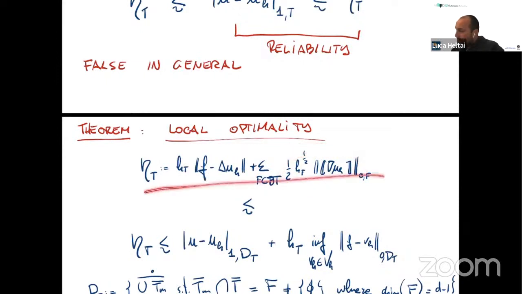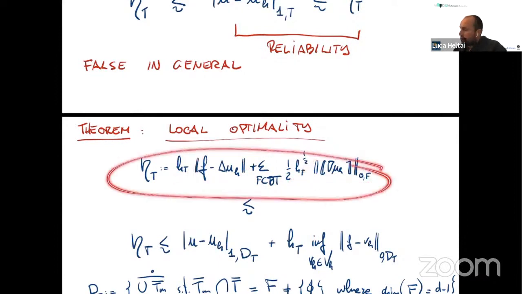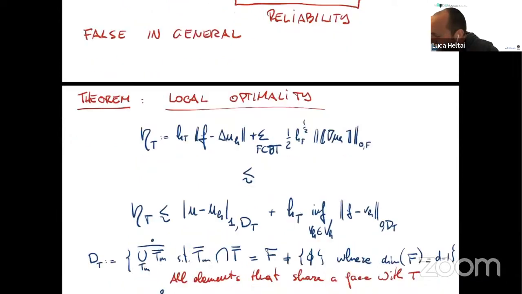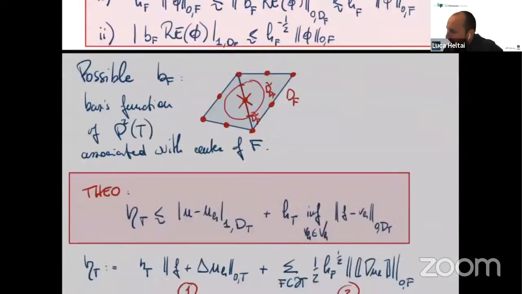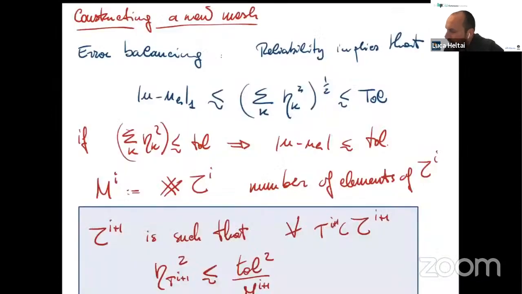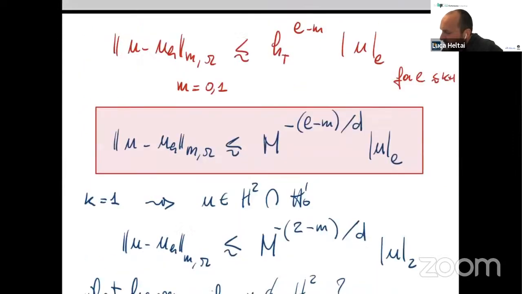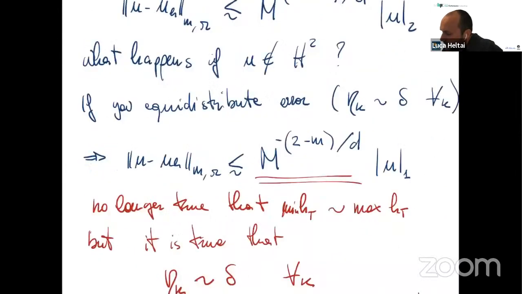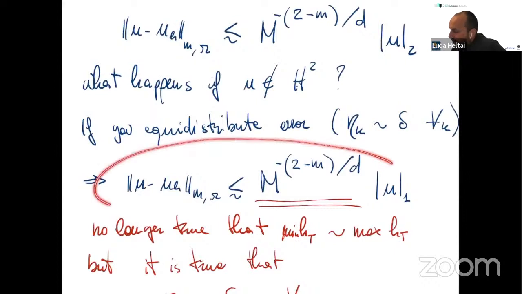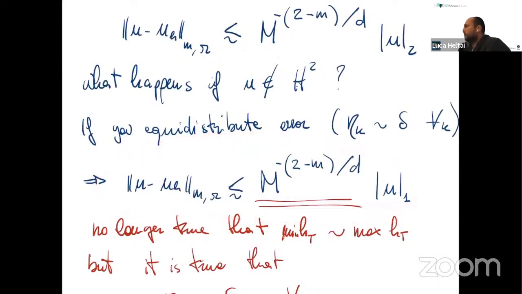Having this uniform means that whenever this object over here is large, you have to make h_T small, and whenever this object is large, you have to make h_F small. So if you maintain this constant, you're guaranteed to have an equidistribution of the error. If you maintain the equidistribution of the error, you can obtain the same order of convergence that you would have had for the optimal error convergence, but having here just the H1 norm.